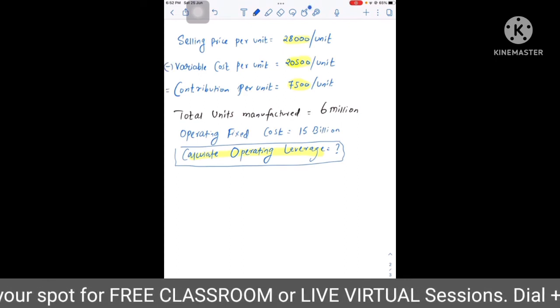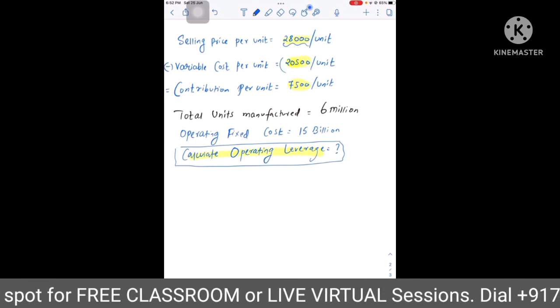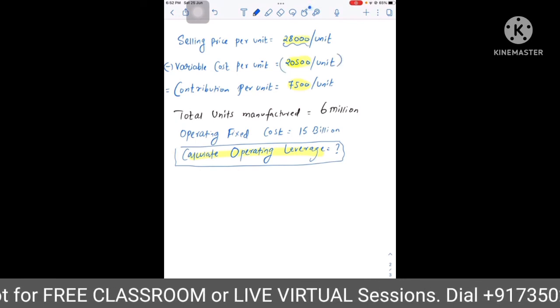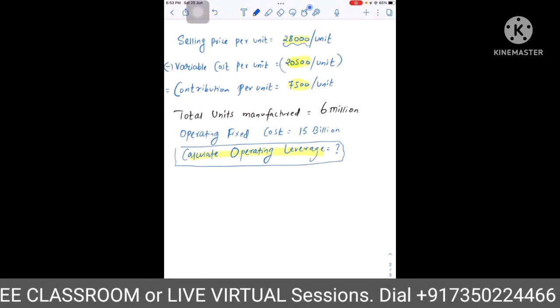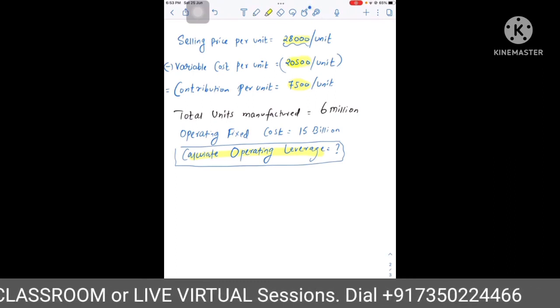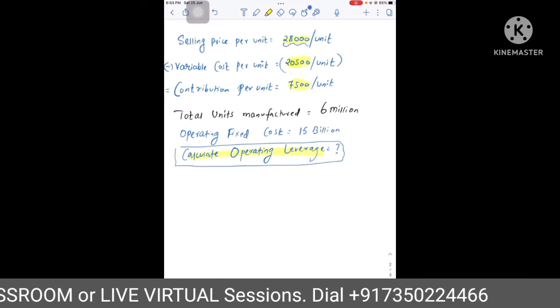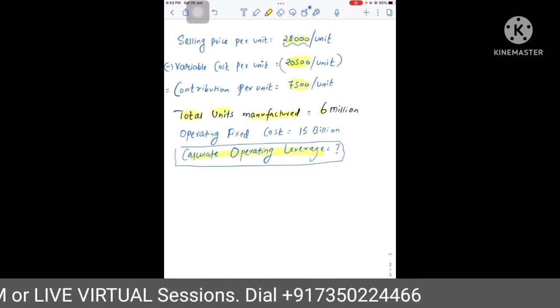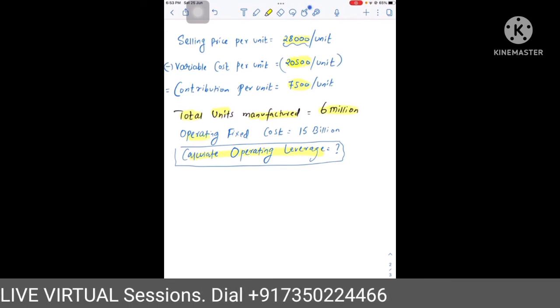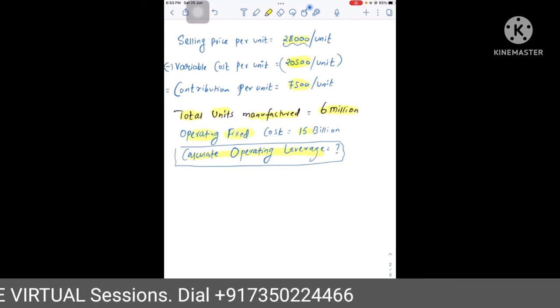So 28,000 minus 20,500 gives 7,500 per unit as contribution. Now look at the number of units the firm manufactures. Total units manufactured by the firm is 6 million and operating fixed cost is 15 billion.